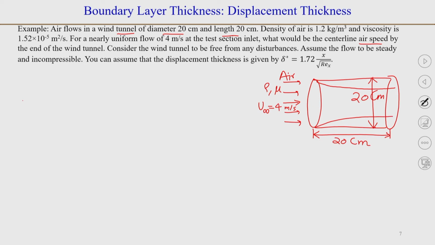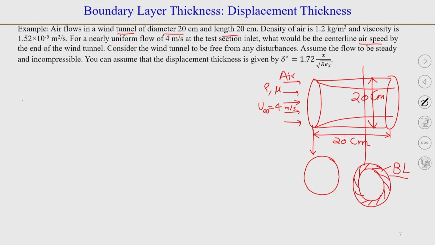So, if you look at a cross section, this will be your cross section at entry, and if you take a typical region away from the entry section, you will have a region where there is boundary layer in the flow, and the boundary layer will keep growing.